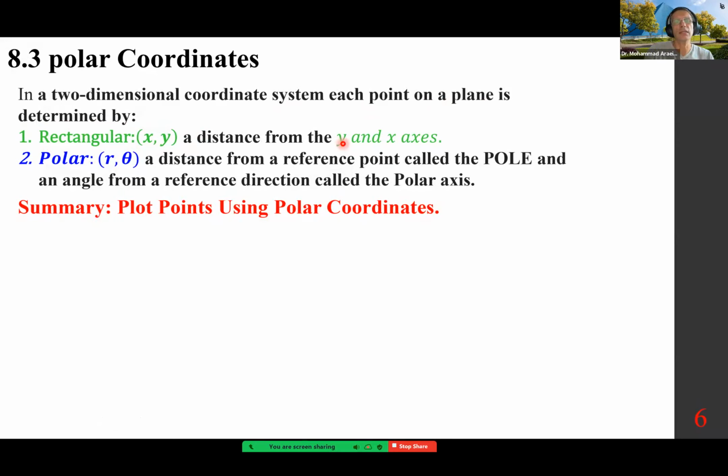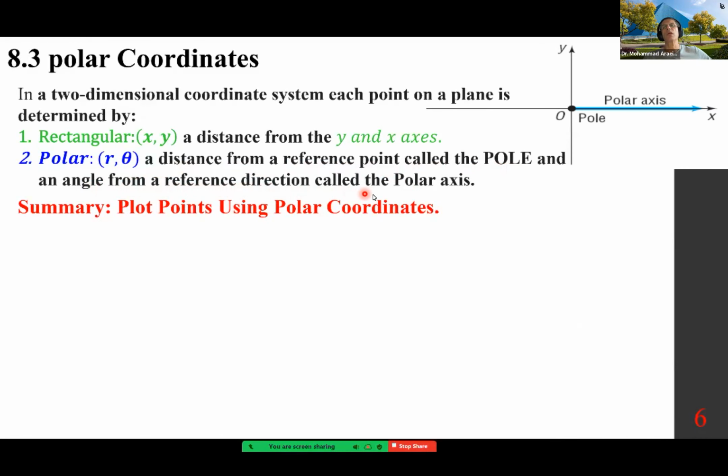X is a distance from y, y is a distance from x. Or we can go with number two, polar, represented with (r, theta), a distance from a reference point called the pole, and an angle from a reference direction called the polar axis.